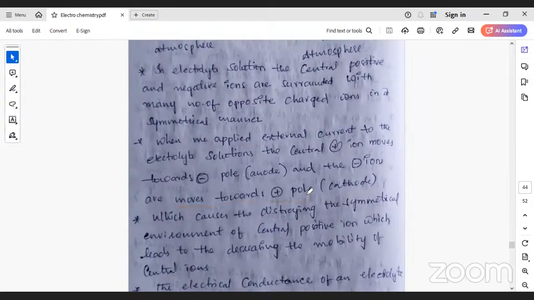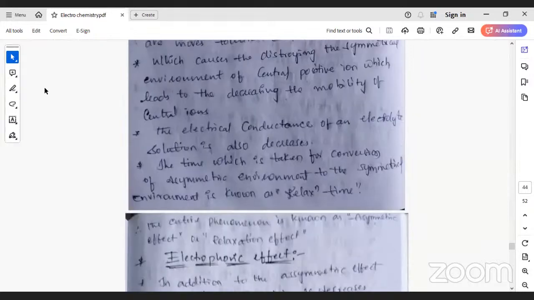The central ions and surrounding ions move towards their opposite charged poles, which destroys the symmetrical environment of the central ion and decreases its mobility. The remaining surrounding ions retard the mobility of the central ion. Such an effect is known as the asymmetric effect.